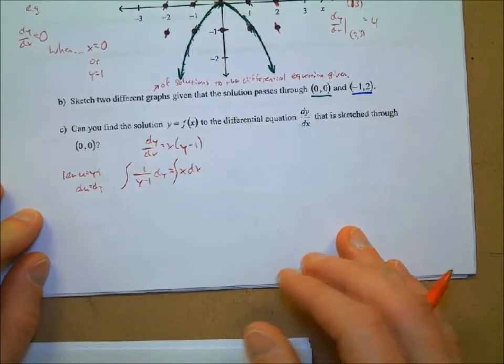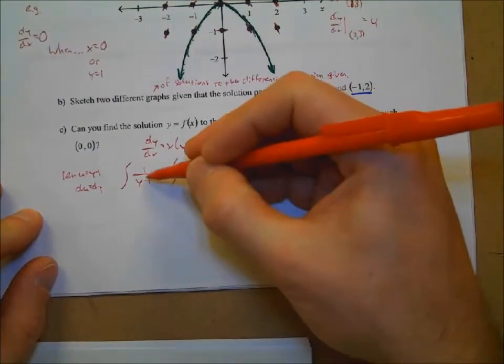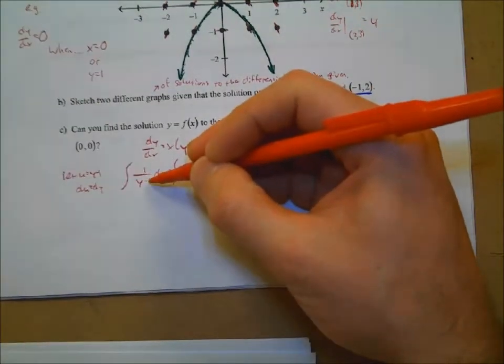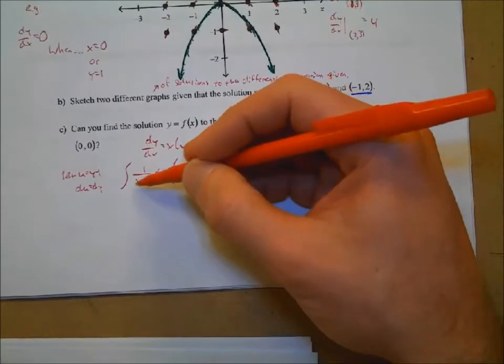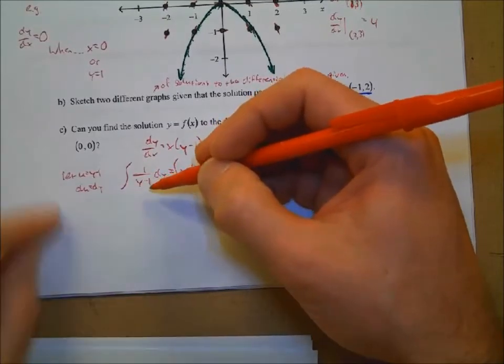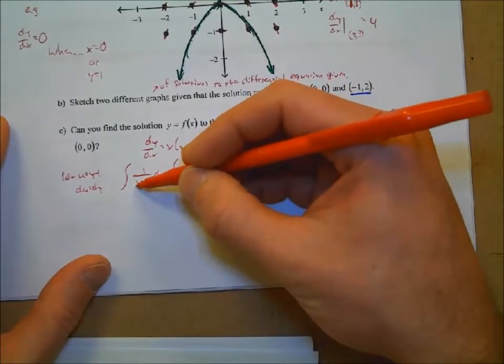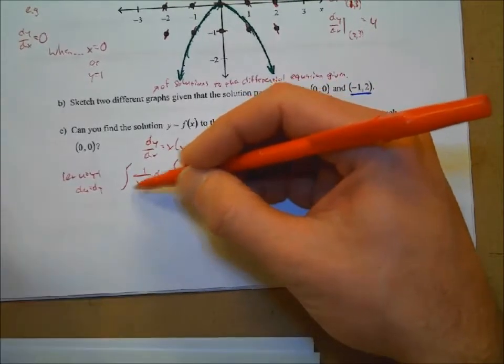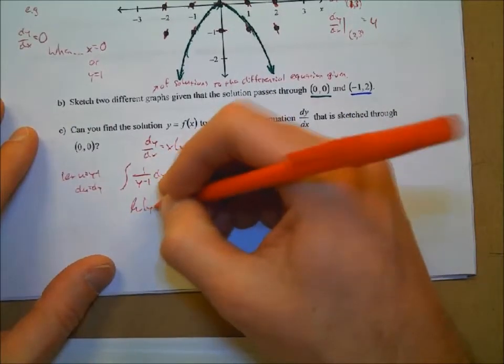But understand that when you have more than just y in your denominator, like 2y minus 1, you definitely want to use a u substitution. For now, we don't need it, so I'll just do it.